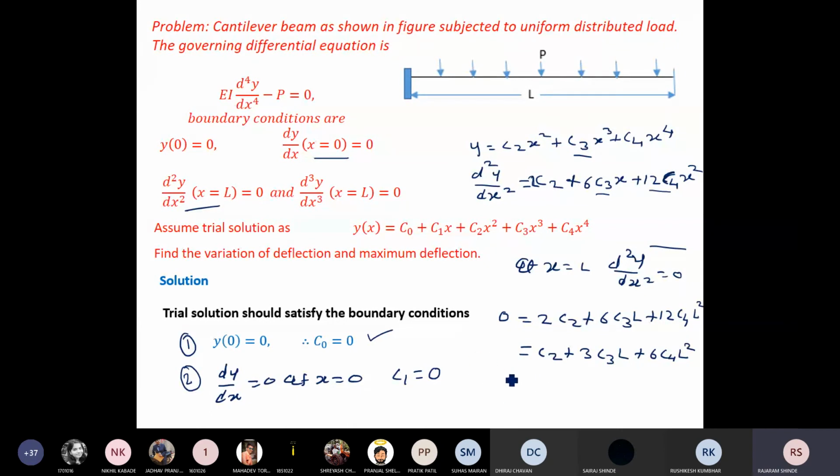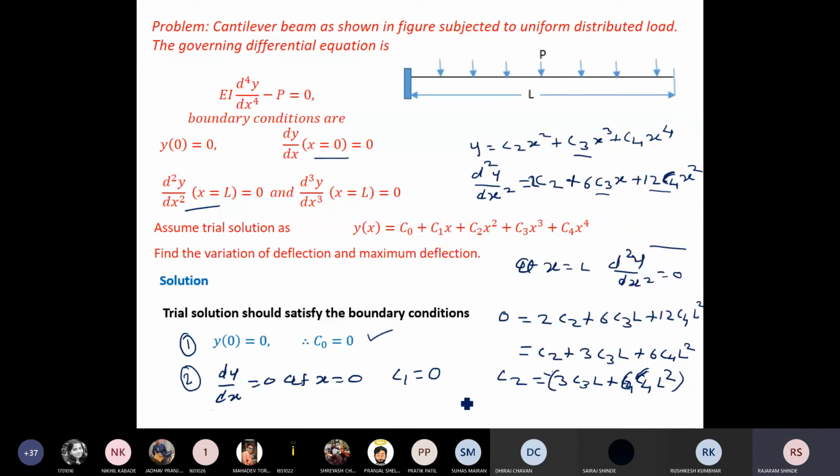Now I will write here c2 is equal to 3c3L plus 6c4L square. Is it okay? It is minus, not plus. It is minus. Okay.